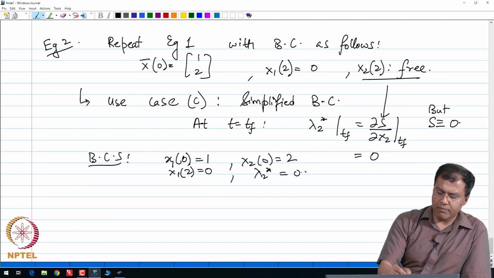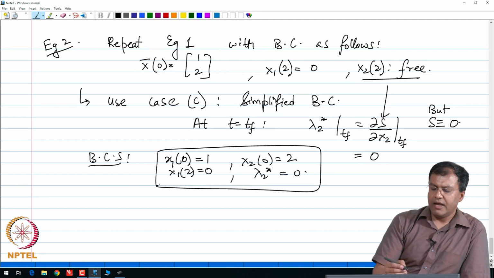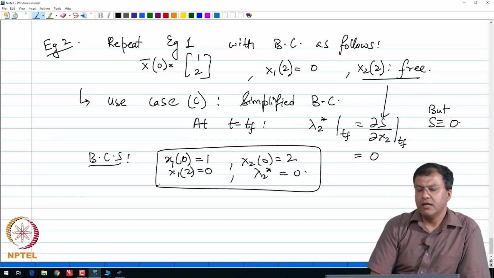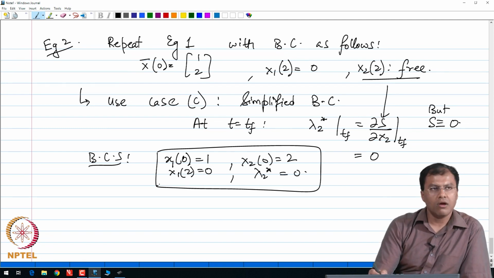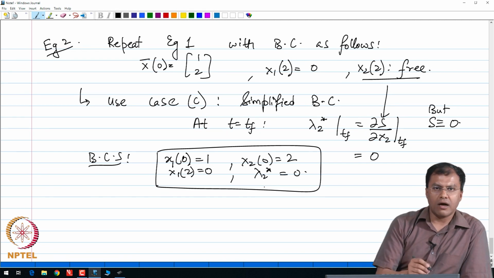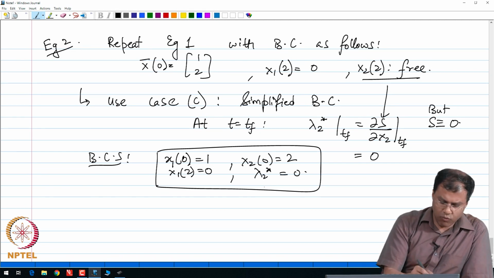So, these are my 4 conditions to satisfy, and of course, we do the same solution method, we will get a solution in terms of 4 constants, which are then resolved using these 4 conditions. Let us look at one more example.